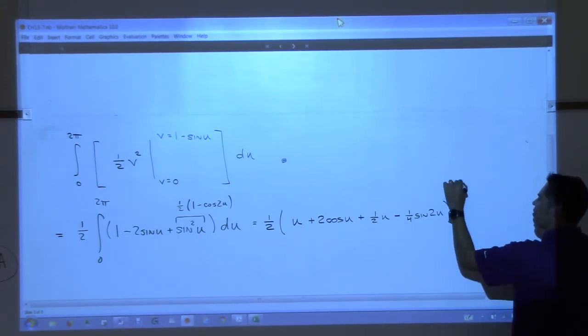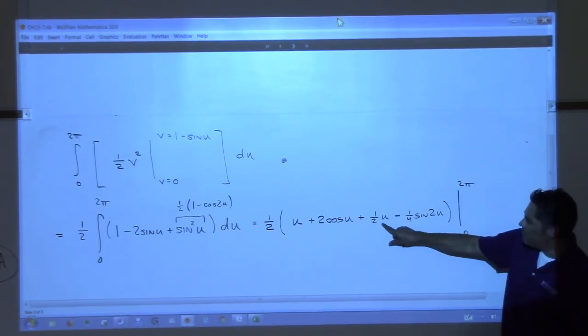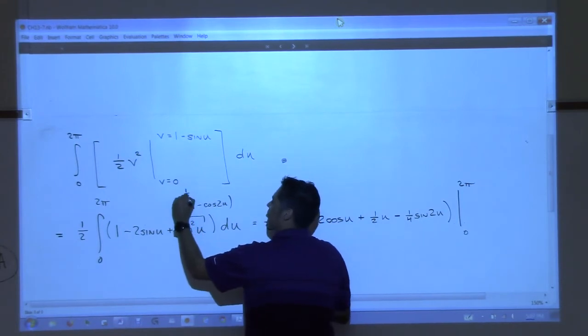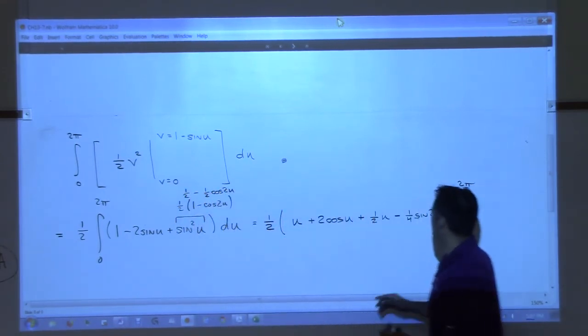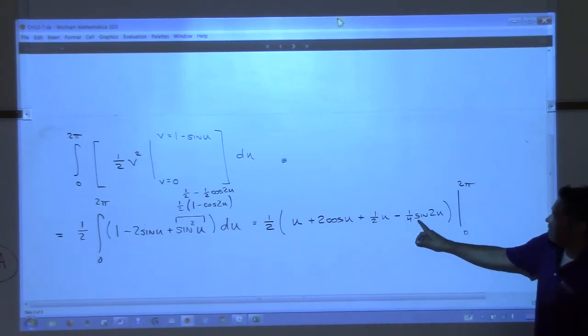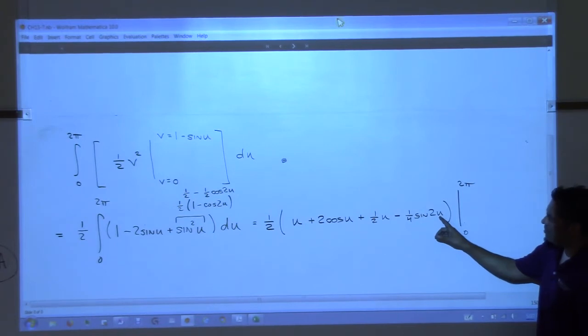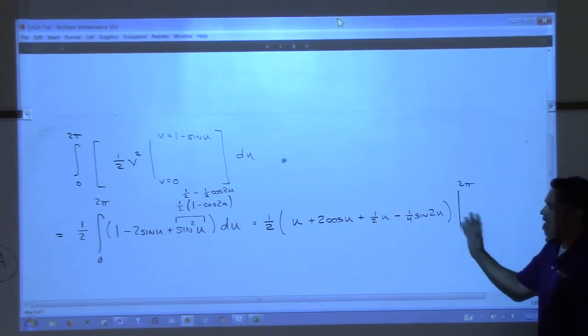Okay, so 0 to 2 pi. Derivative of that is going to be just 1/2, and that would give us this piece. And then derivative of this would give us cosine of 2u, right, times 2. And that 2 would hit, so that should get it.